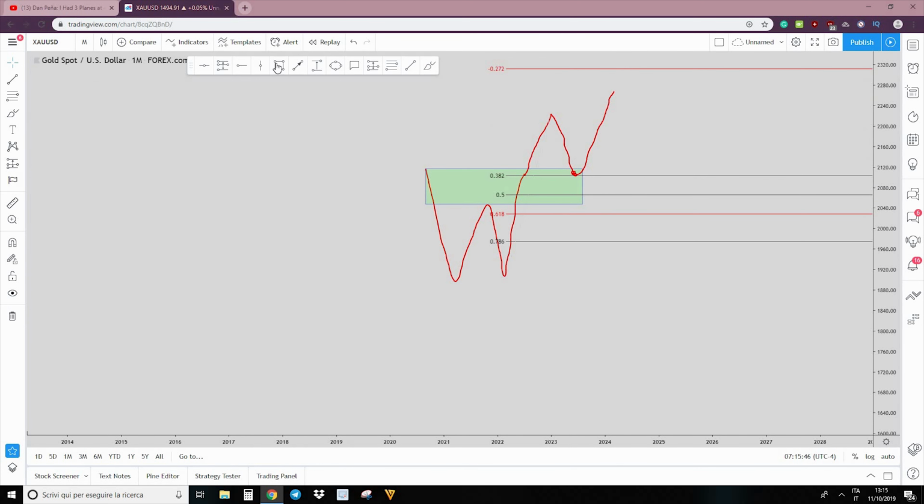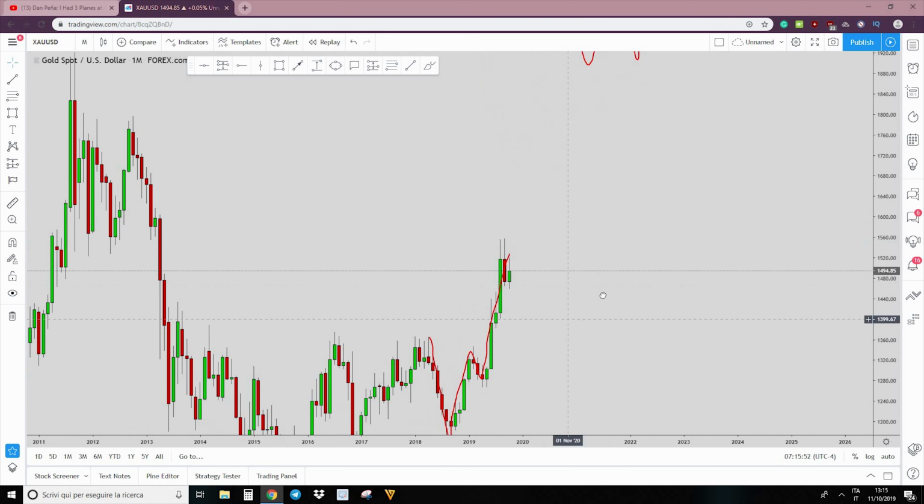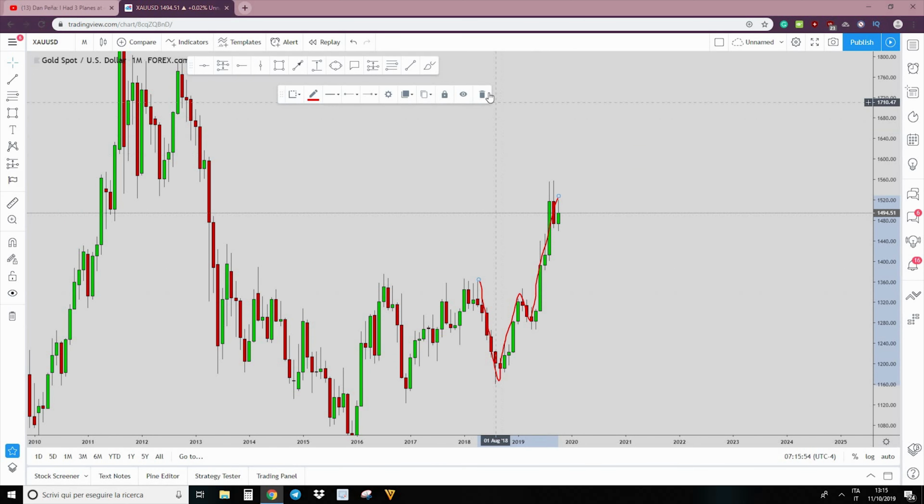We expect the market to hit the 382 and then continue with the push to the upside. And this is more or less the situation, actually it is exactly the situation that we have on gold. Let's go back to the real chart. So you can see that you have your W formation and you can see that the market has exceeded this high here. Until the market was inside of this region, we expected it to make a pullback to the neckline.